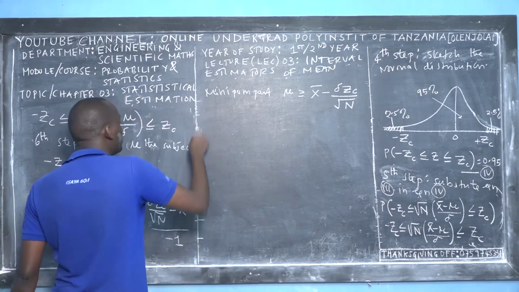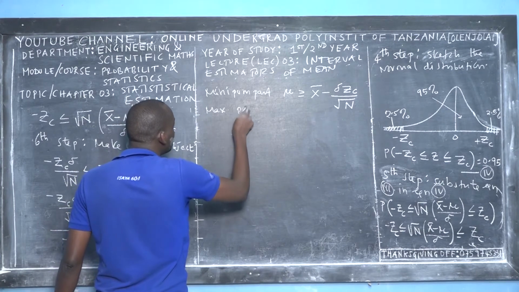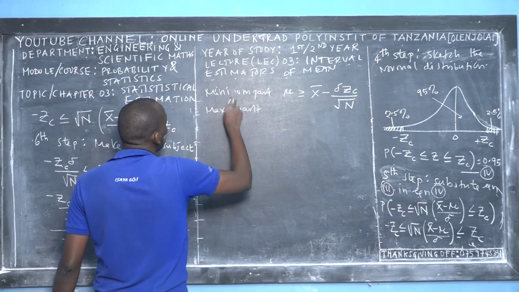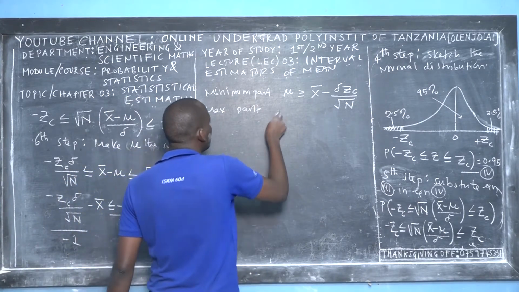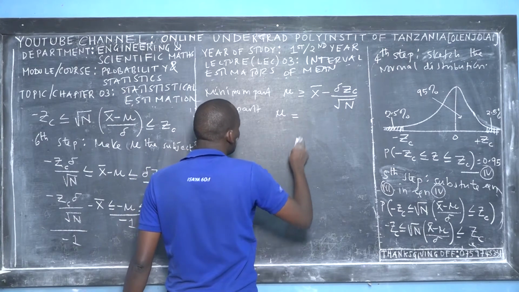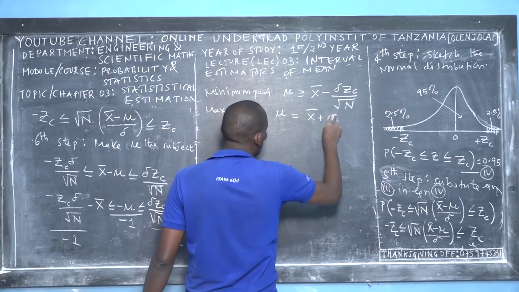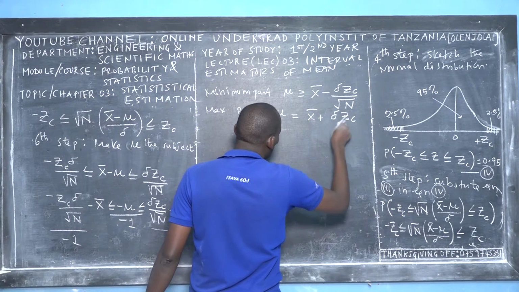And if we consider the maximum part, the population mean is equal to the sample mean plus Zc times the standard deviation over the square root of the sample size.